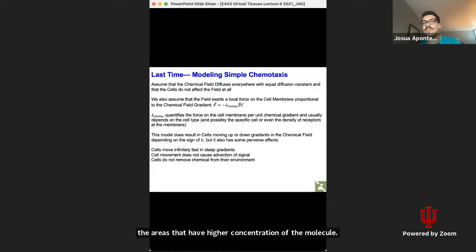And when we talked about how, if we want to model chemotaxis, the simplest way we can do it is to generate a force that acts on cells, a force that is linear in the gradient of the chemical field that the cell is exposed to.